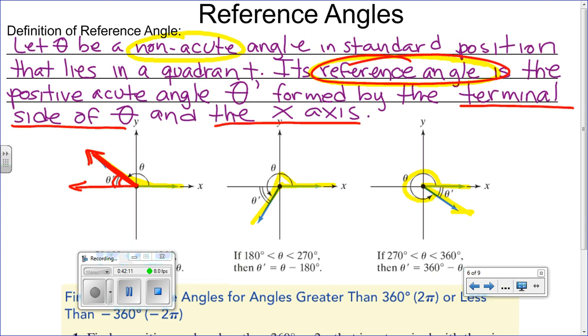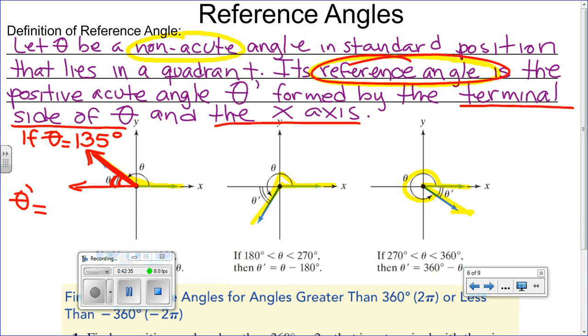Let me give you an example. If theta was, for example, 135 degrees, what do you think the reference angle, which I'm going to call theta prime, will be? You know that the whole thing complete is 180.